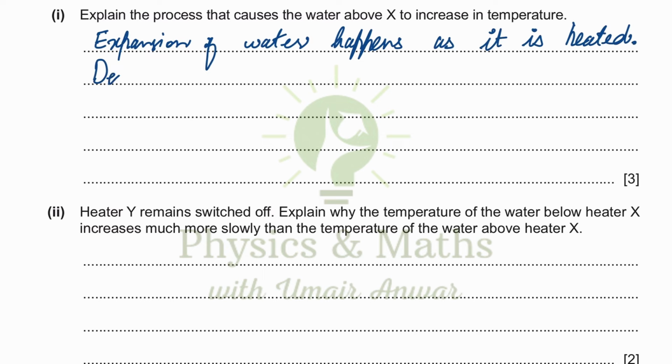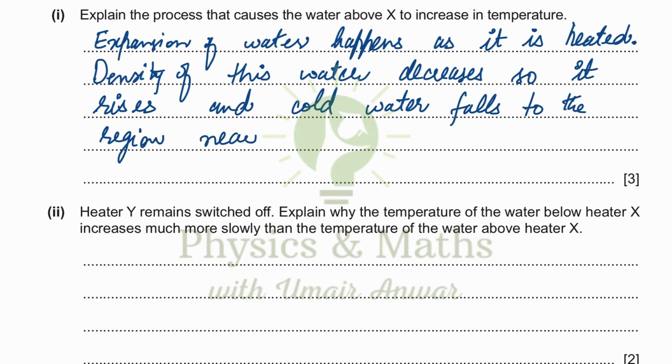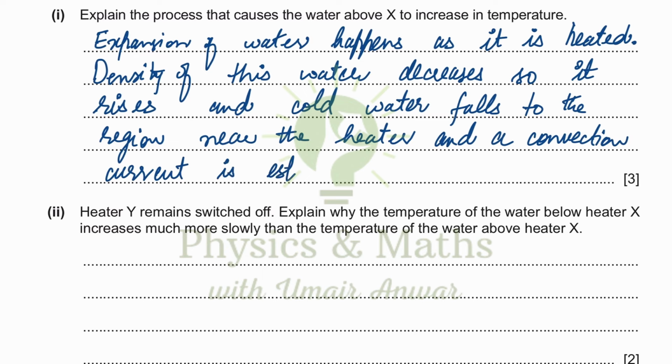Then density of this water decreases, so it rises, and cold water falls to the region near the heater, and a convection current is established.